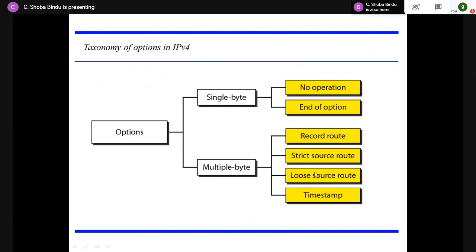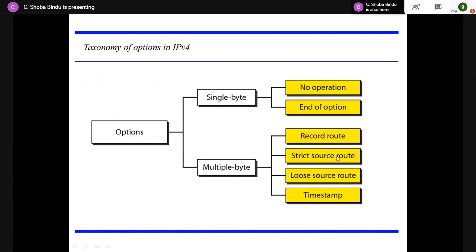The other two options are strict source routing and loose source routing. Here you specify the path, the nodes that have to be followed for this packet to reach the destination. In strict source routing, all the nodes which are specified have to be reached, and only those nodes have to be reached.